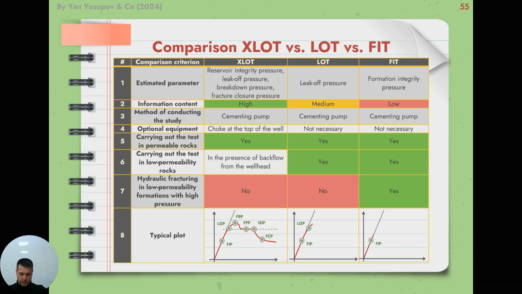This is a comparison table of XLOT, LOT, and FIT.